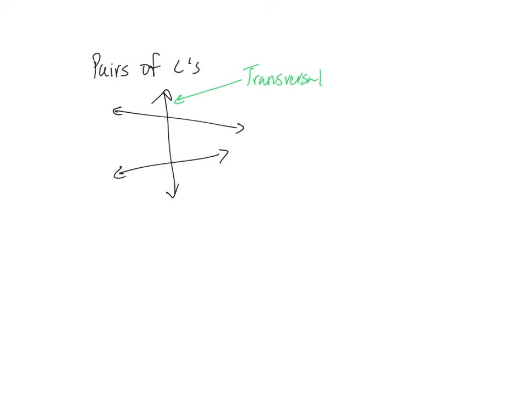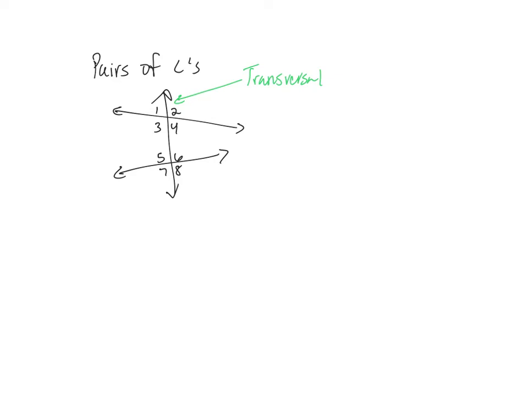So that's kind of an important indicator. Okay, so if we have angle 1, 2, 3, 4, 5, 6, 7, 8, we have pairs of angles. So there's 4 of them, different pairs.